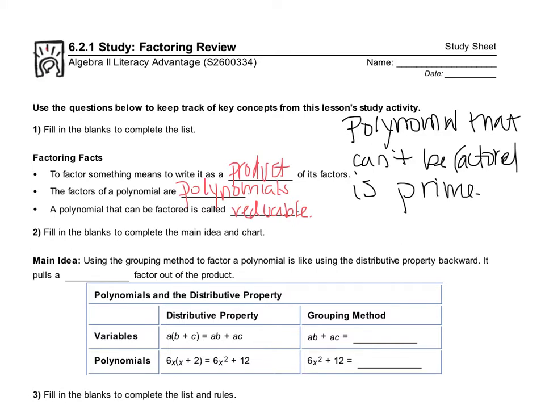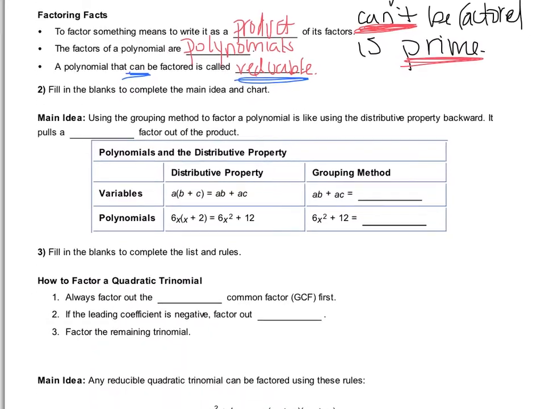So a polynomial that can't be factored is prime, and if it can be factored, it's reducible. That's the same as any number that can't be factored, which is also called prime. So when we're factoring, the first thing we're going to talk about is using the grouping method, which we will a lot of times call greatest common factor.